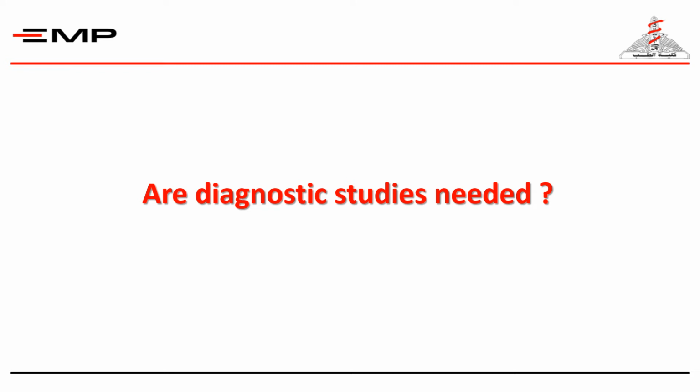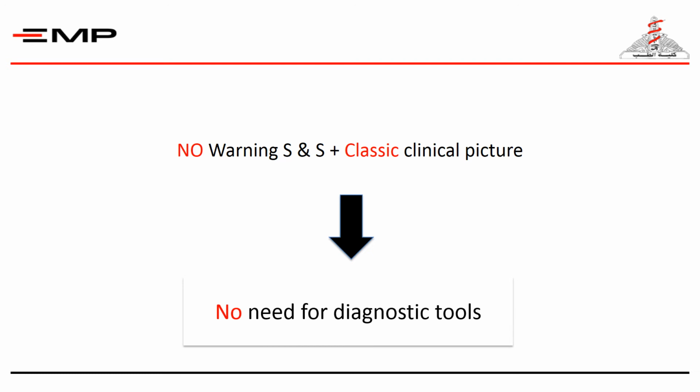So it looks easy that we can clearly identify cases with gastroesophageal reflux and others with gastroesophageal reflux disease by doing a good history and clinical examination. So the question is, are diagnostic tests needed in cases of gastroesophageal reflux disease? Let me give you a clue here.